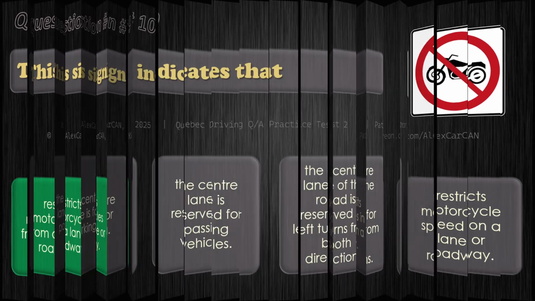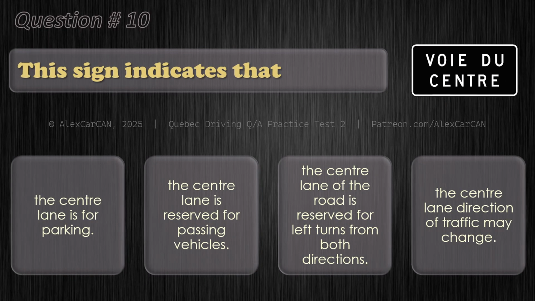Question number 10. This sign indicates that the center lane is for parking. The center lane is reserved for passing vehicles. The center lane of the road is reserved for left turns from both directions. The center lane direction of traffic may change. The correct answer is the center lane of the road is reserved for left turns from both directions.